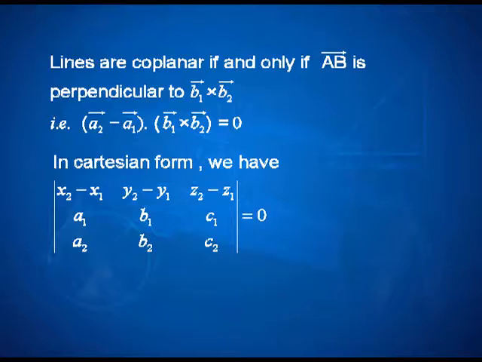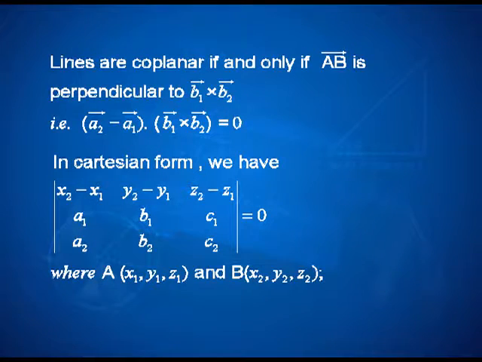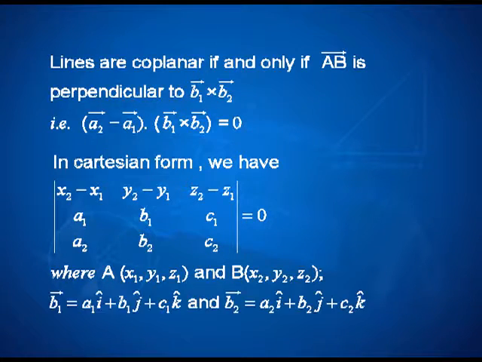If this determinant is 0, then the lines are coplanar, where x1, y1, z1 were the coordinates of the point A, x2, y2, z2 the coordinates of point B, and the vector b1 has direction ratios a1, b1, c1 and vector b2 has direction ratios a2, b2, c2.